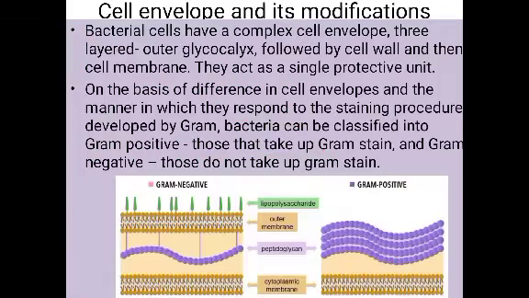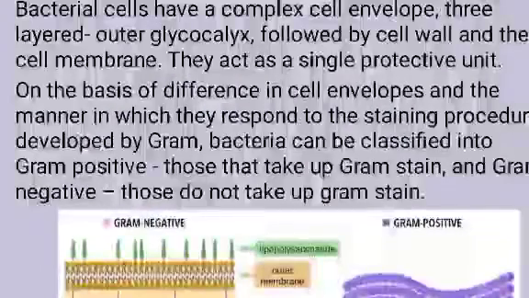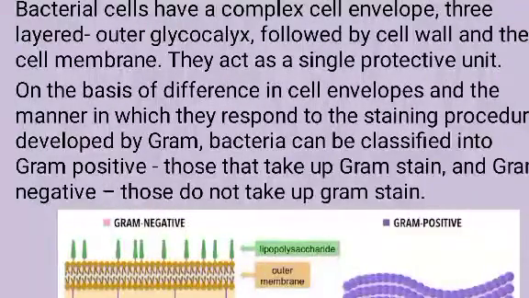Now, when we see about the cell envelope and its modifications, most of the prokaryotic cells, especially the bacterial cell, have a complex cell envelope. That cell envelope is formed of three layers. What are the three layers?